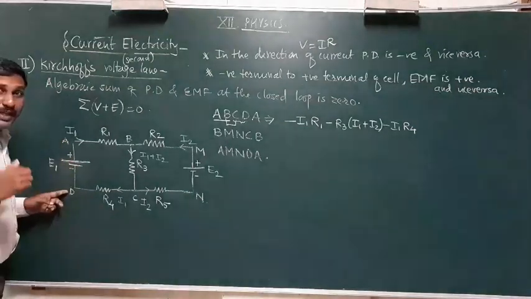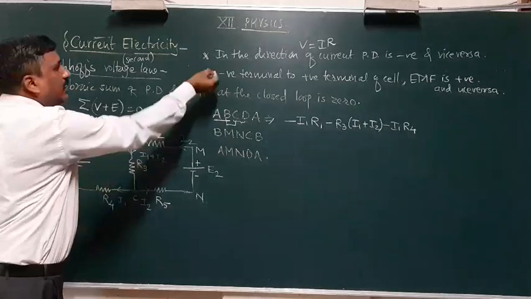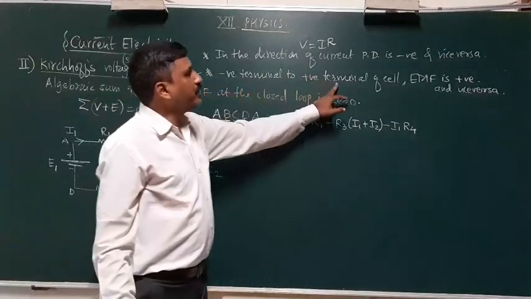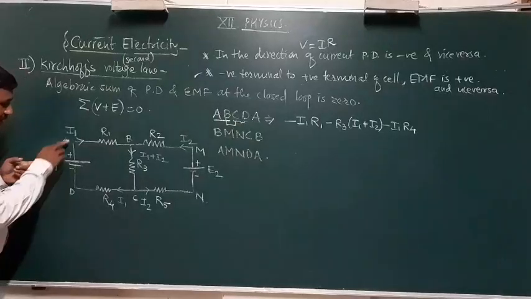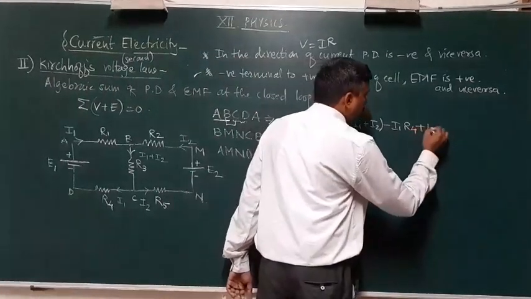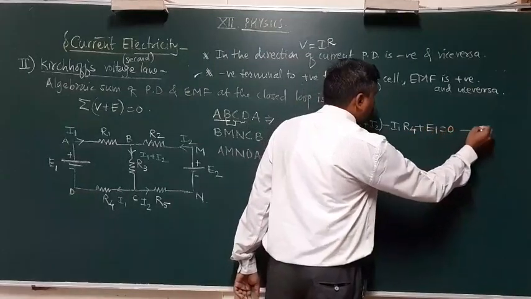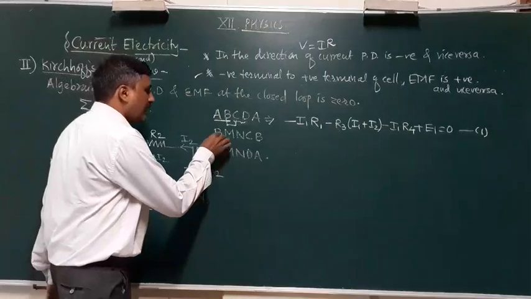Means there is no potential difference, but there is a cell. Means we are considering the EMF. And negative to positive terminal, EMF is positive. What is the EMF of this part? It is E1. So my condition becomes plus E1 equals 0. Then the same way for the second part.